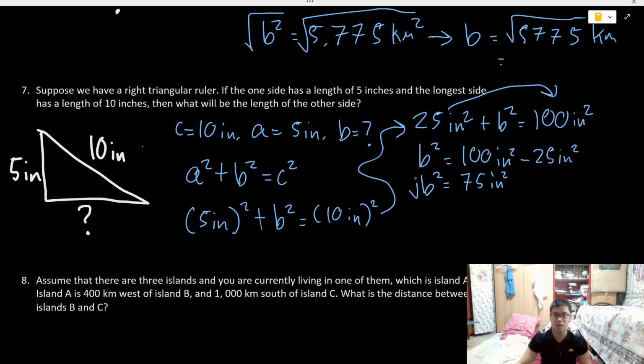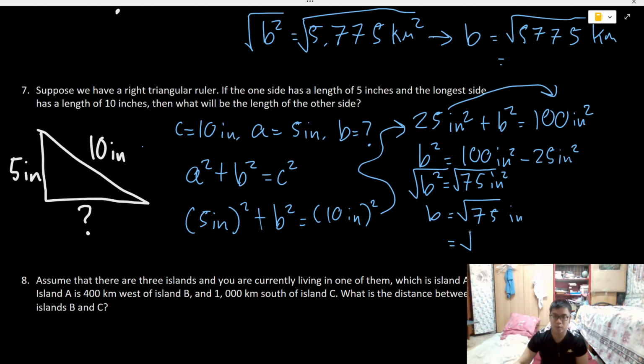Now, we square root both sides to find our B. So B is equal to the square root of 75 inches. Then we can simplify this one. If I remember correctly, it's divisible by 25. Let me take a look. Yeah, it is divisible by 25.